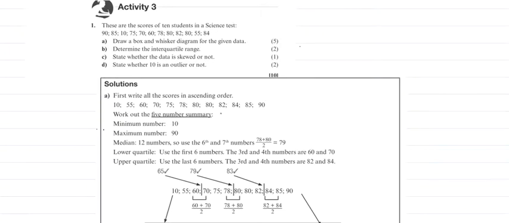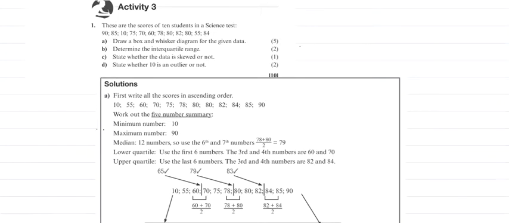Once we have done that, we now have to work out the 5-number summary, which is the prerequisite to drawing a box and whisker diagram. If we look at our solution, we first find the minimum value, which is 10, and our maximum value, which is 90.